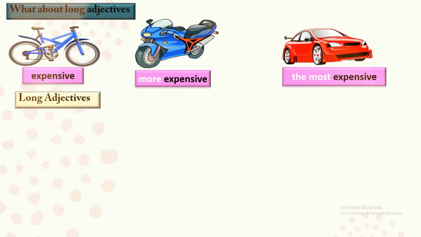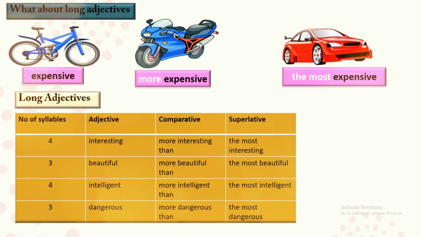Let's have a look at some other long adjectives, like interesting. Interesting has 4 syllables. The comparative form is more interesting than, and the superlative form is the most interesting. Let's have a look at another one, dangerous. 3 syllables. The comparative is more dangerous than, and the superlative form is the most dangerous.